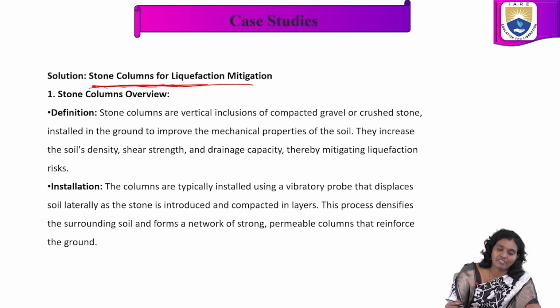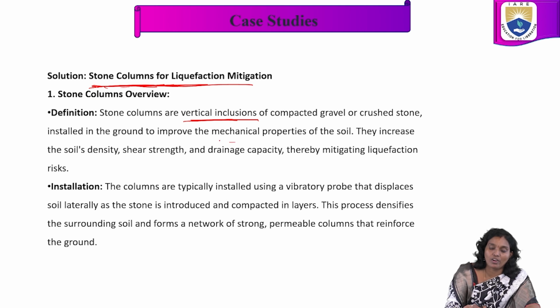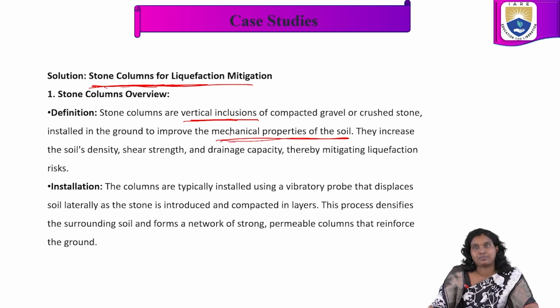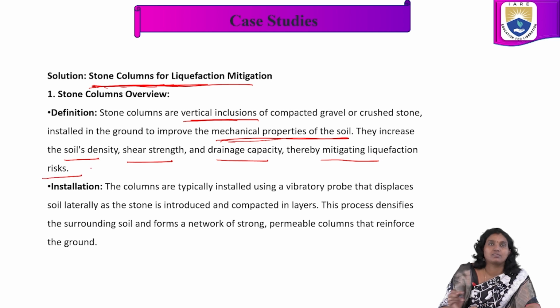Here is the definition: stone columns are vertical inclusions of compacted gravel or crushed stone installed into the ground to improve the mechanical properties of the soil. They increase soil density, shear strength and drainage capacity, mitigating liquefaction risks.